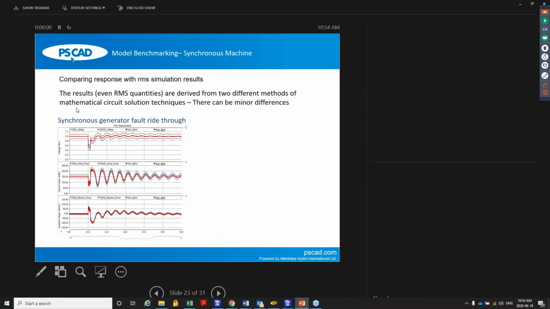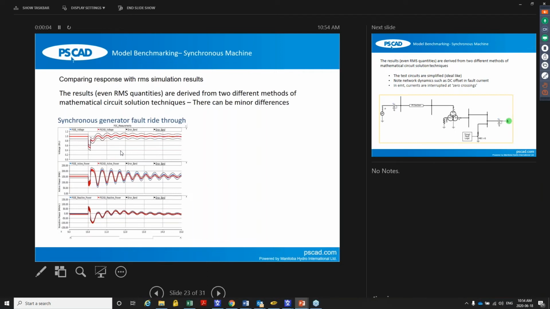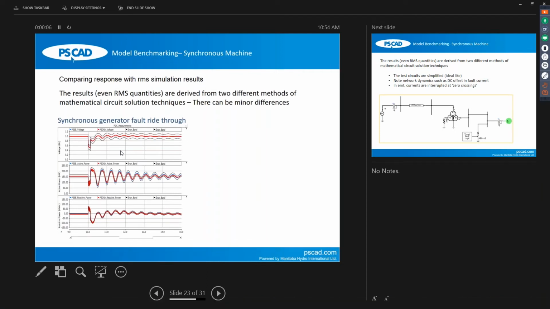Next, I will look at model benchmarking. Right now, in the last two to three years, in many parts of the world, like the USA, Australia, England, system operators want your models benchmarked and tested before any new connections are approved. One thing is to verify that the synchronous machine, or in other cases wind farms, comply with grid codes: the power ramp rates, current injections during faults, and frequency response.